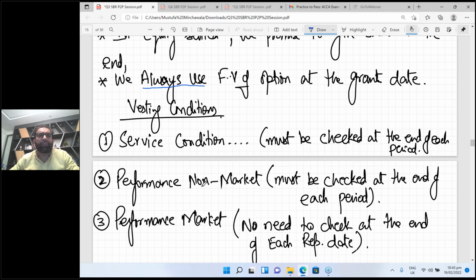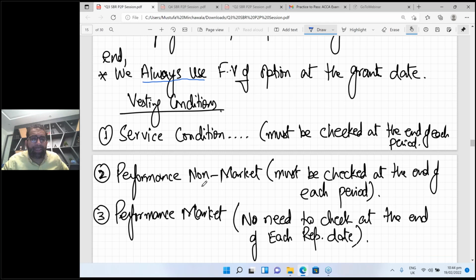These are all performance non-market conditions. The treatment of performance non-market condition will be the same as service condition. You must check at the end of each reporting date whether it will be fulfilled or not, so you have to revise your expense at the end of each reporting date.